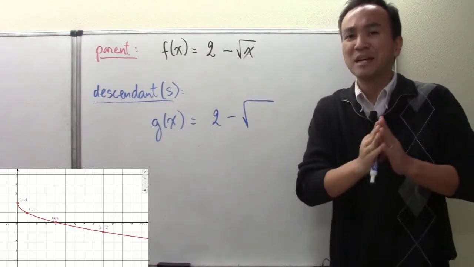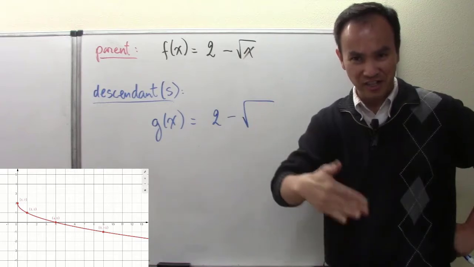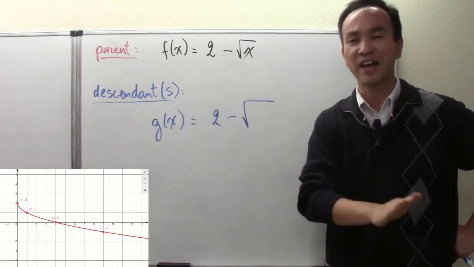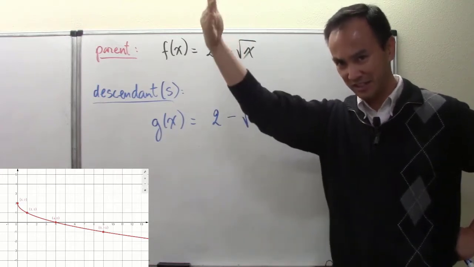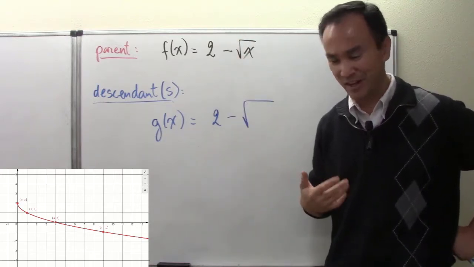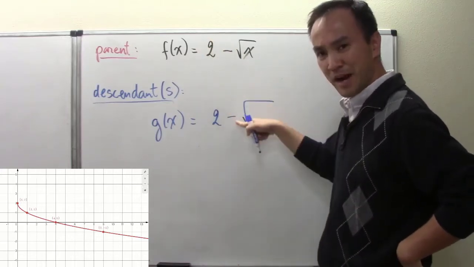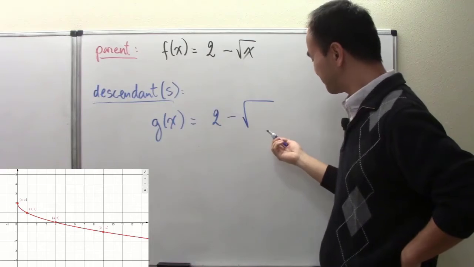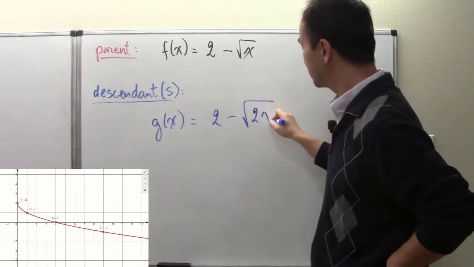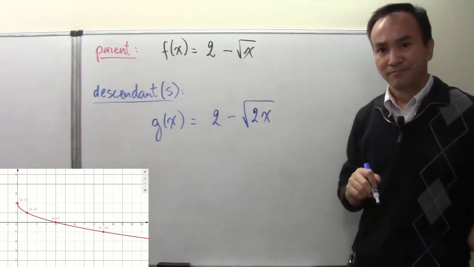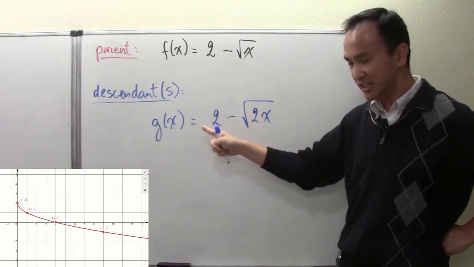The idea about it being a descendant function is that no matter how many generations it got passed down, it still has to have some characteristics, some traits from the earlier ancestor, or from the earlier parents. So 2 minus square root, here I'm looking at 2x. All right.